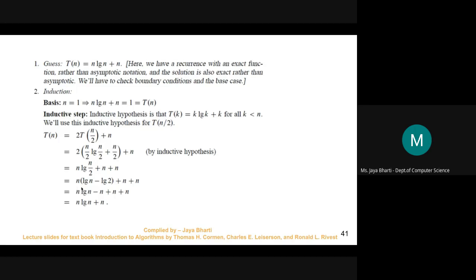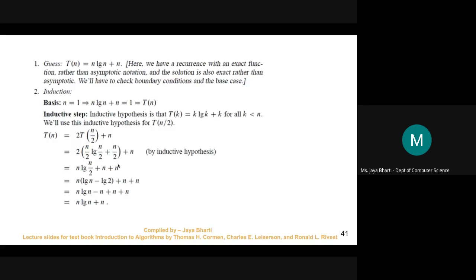Okay. So it is written like log n by 2. So we all know the basic logarithmic rule. So you can write log n by 2 like log n minus log 2. Okay. So when you write like this, it will become n times log n minus log 2.